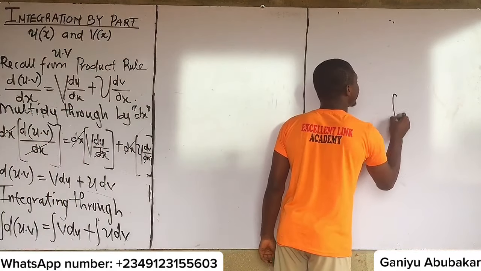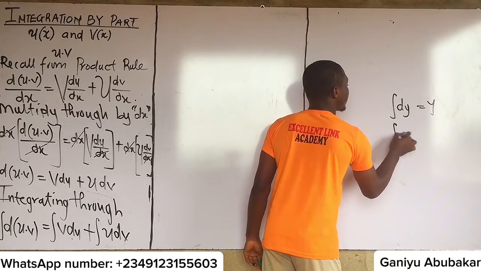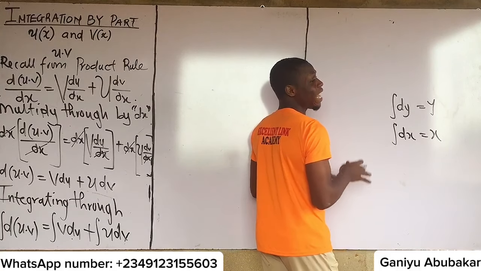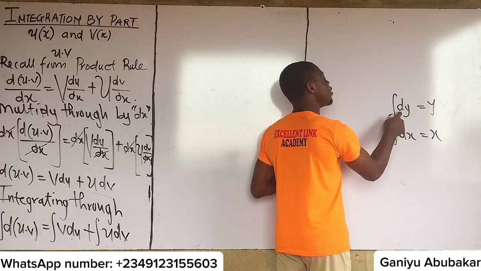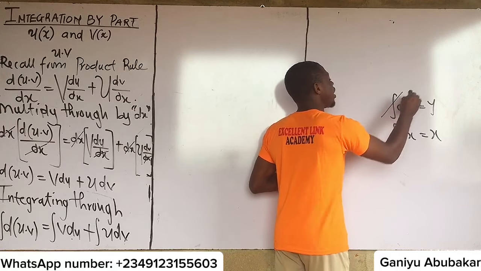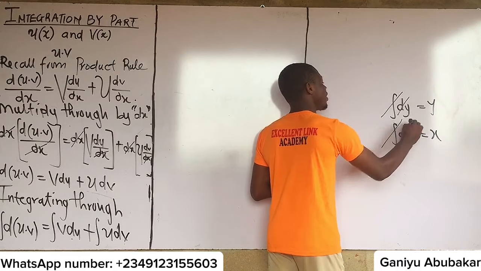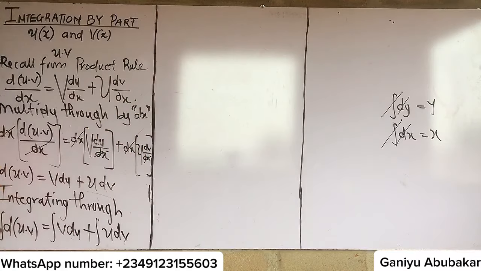If I integrate dy, I'll have y. If I integrate dx, I'll have x. The idea is that integration cancels out d, left with y. If I integrate dx, integration cancels out d, left with x. So if I integrate d of everything here, this and this will cancel out, left with u dot v.